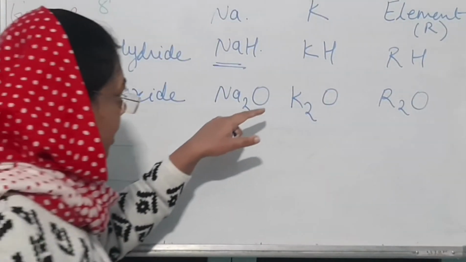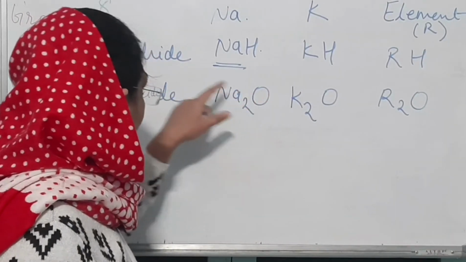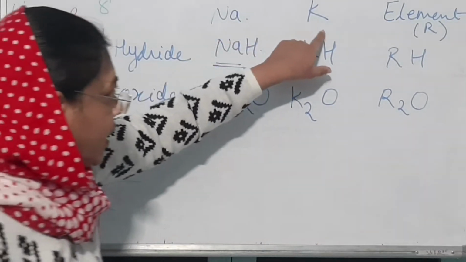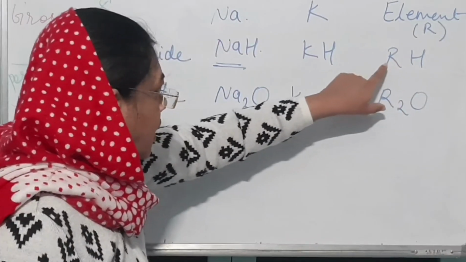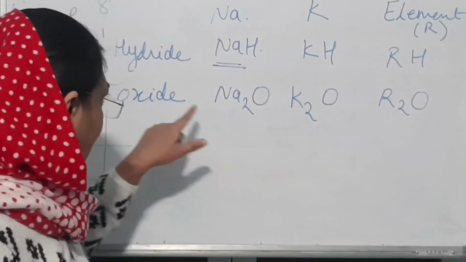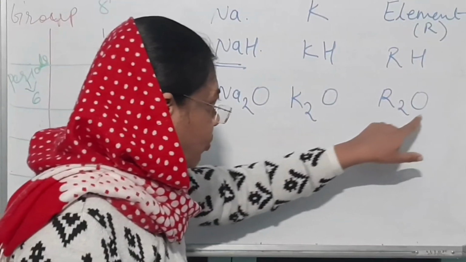So here we find that the formulae of hydrides and oxides of sodium and potassium are the same: RH for hydrides and R2O for oxides.